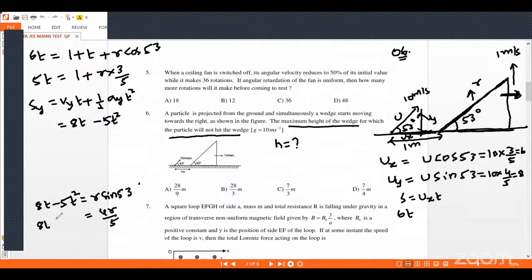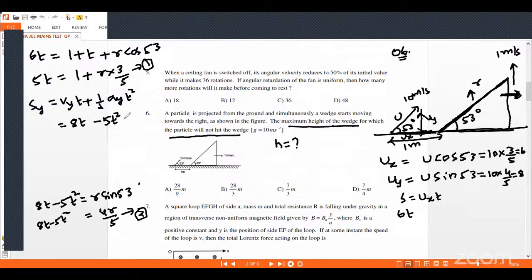Let us consider this as the second equation and the earlier one as the first equation.